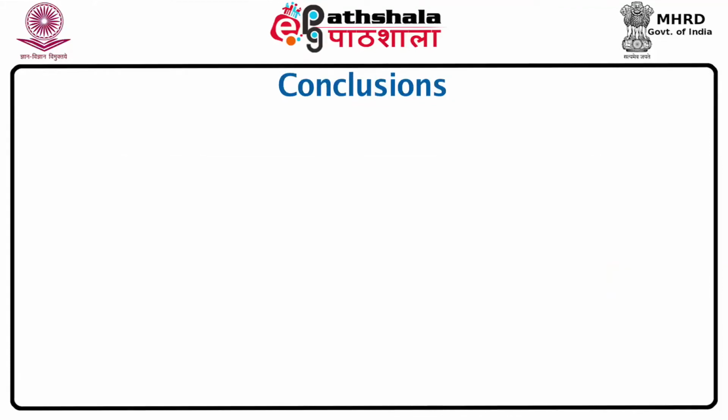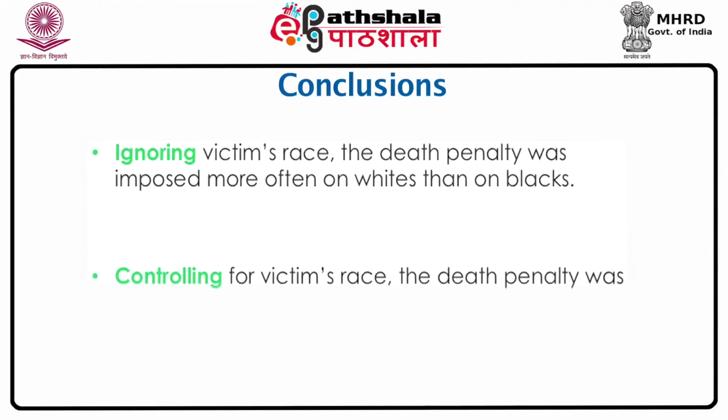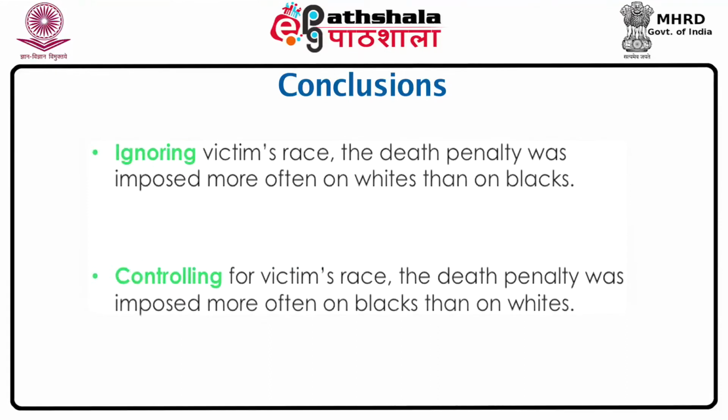So we get a set of contradictory conclusions. If we ignore the victim's race, which is what I have done on my second slide, where I have collapsed across race and not taken it into account in my analysis, then my conclusion is that the death penalty is imposed more often on whites than on blacks.